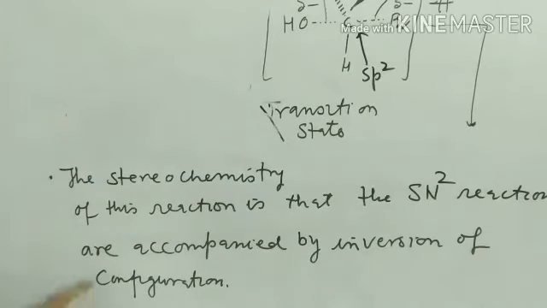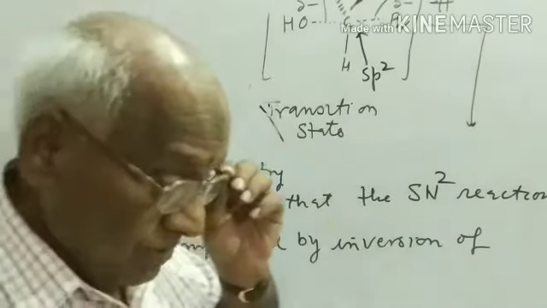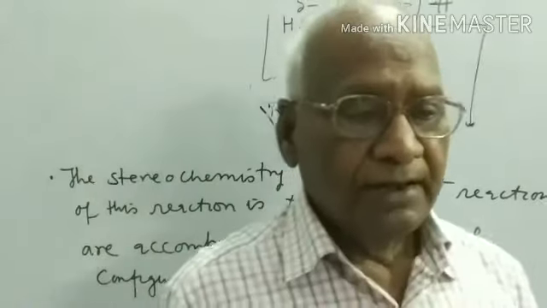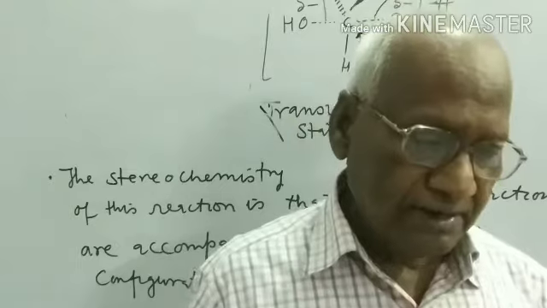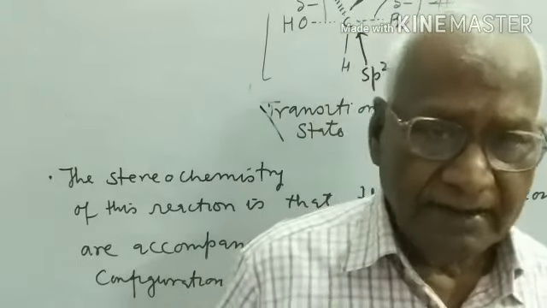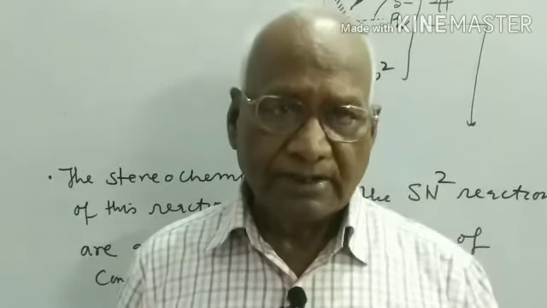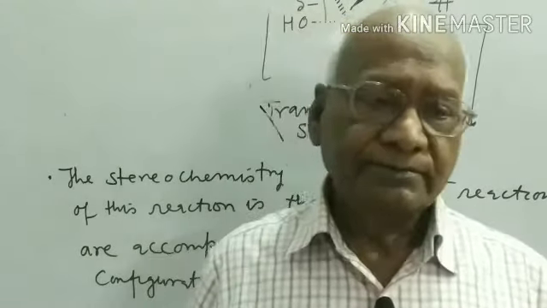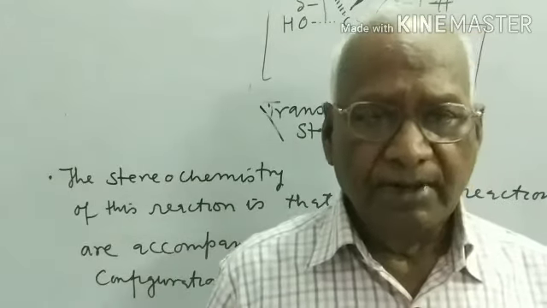So, I am again repeating the whole story. The attacking nucleophile attacks the reacting carbon center from the back side. The bromine atom, which is the leaving atom, goes out from the front side. As much as the C-OH bond is formed, to the same extent the C-Br bond breaks up.